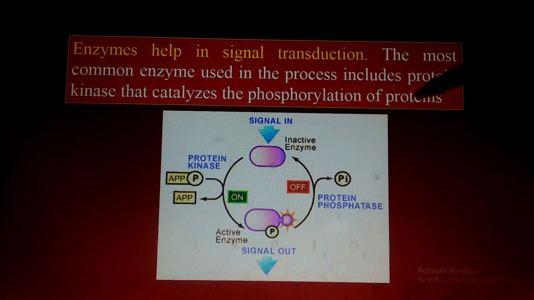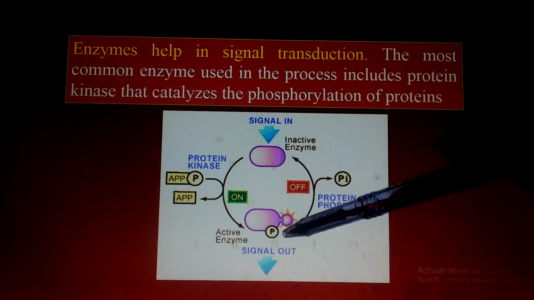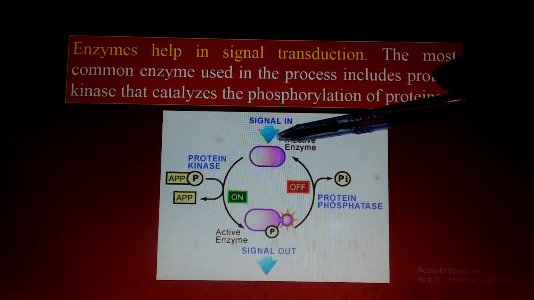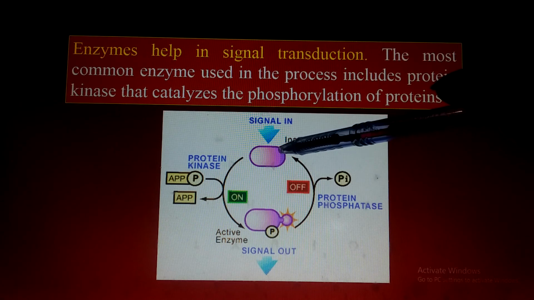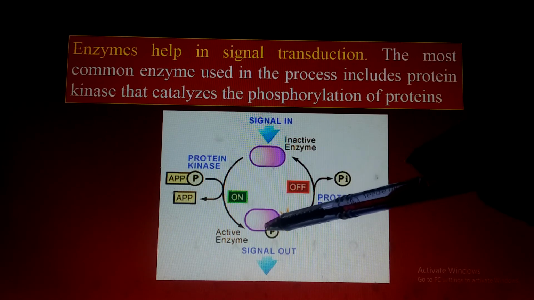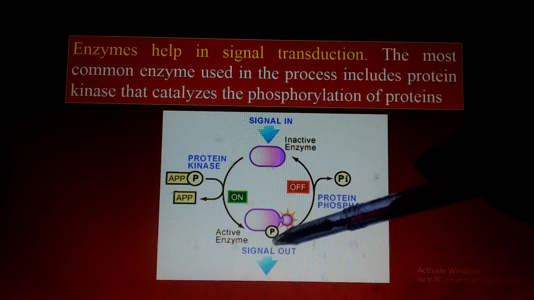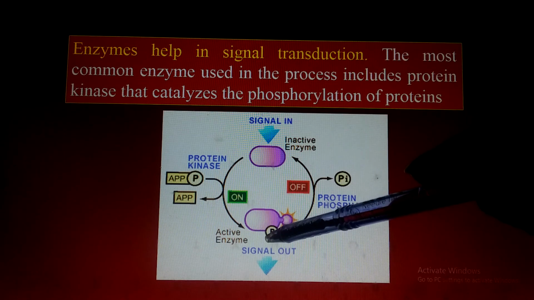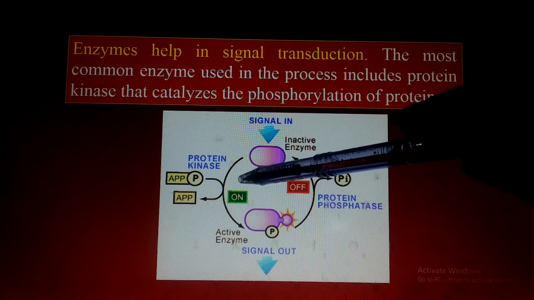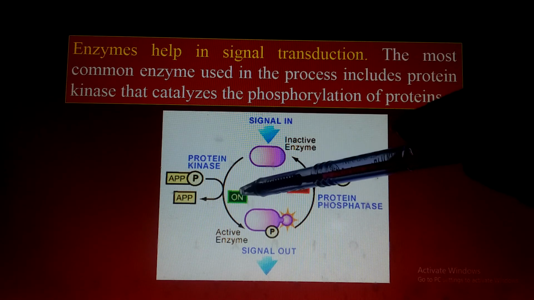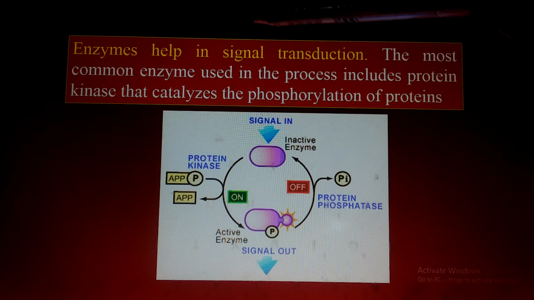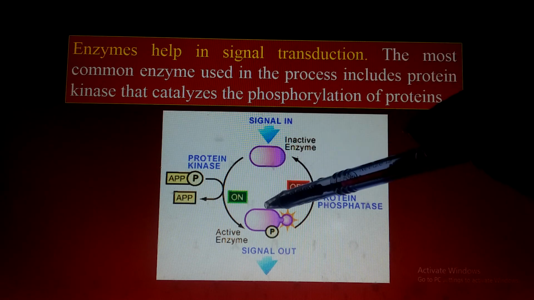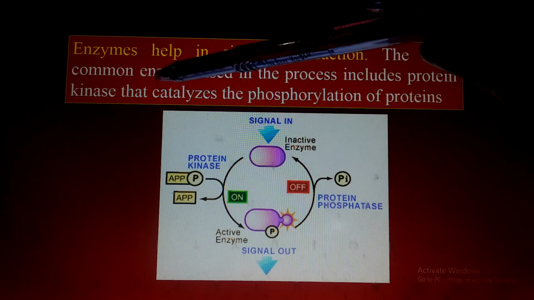So here the proteins are enzymes, and you can see here this is the protein which is inactive because no phosphate is attached here, and this is the protein enzyme which is attached with phosphate, and this phosphate comes by the breakdown of the ATP into ADP, and this phosphate is transferred from the high energy ATP molecule to another molecule by the help of the kinases.